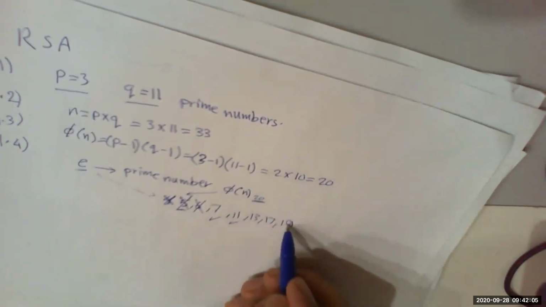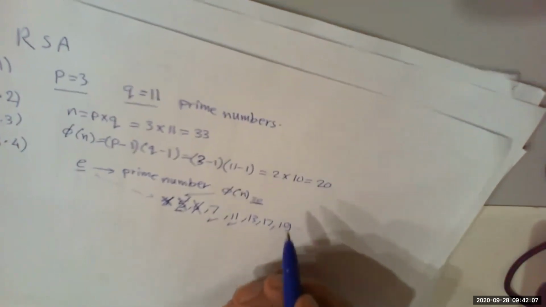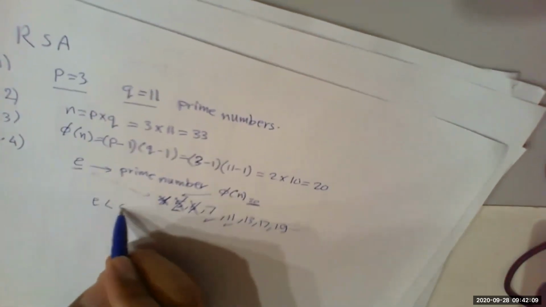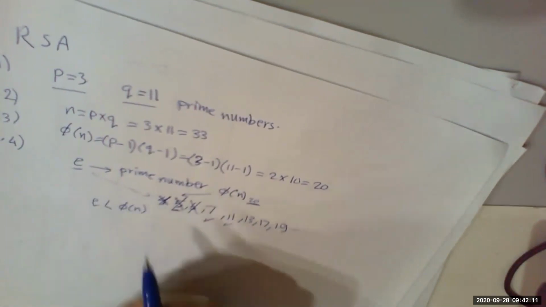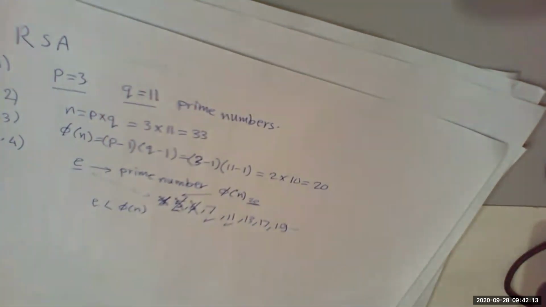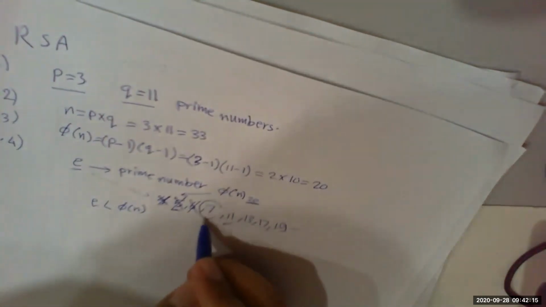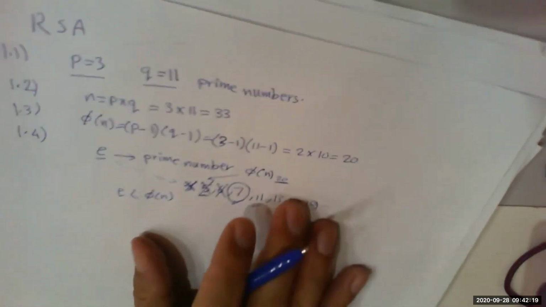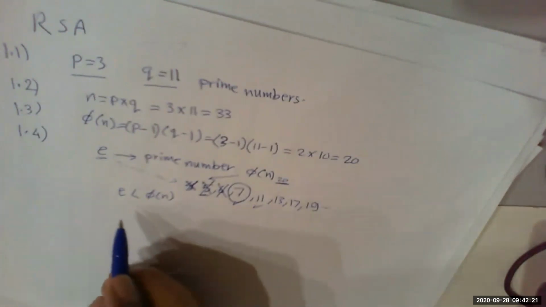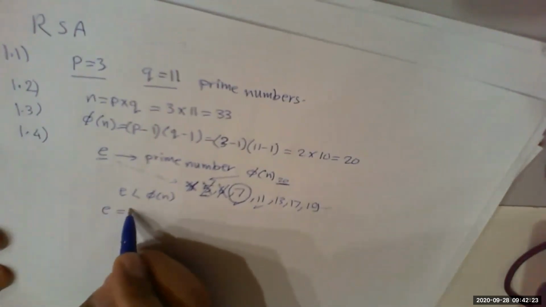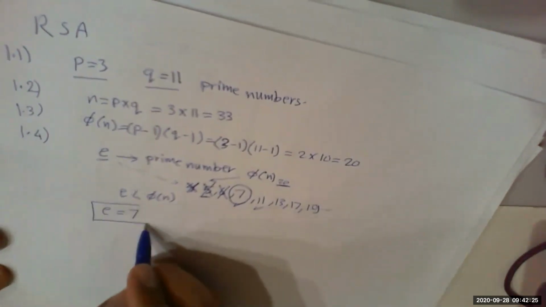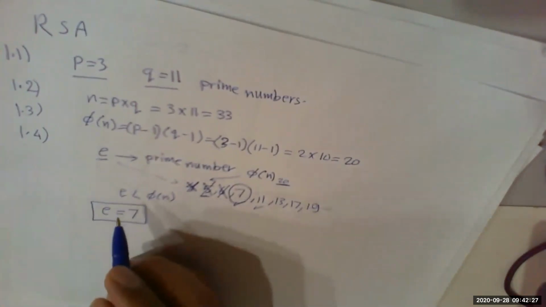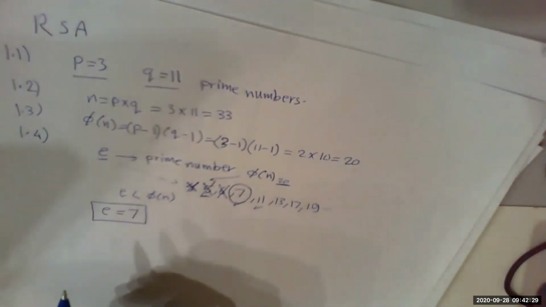We cannot get a number more than 20, so E should be less than phi of n. Okay? We select the simplest one to simplify calculations. So we now have E. E equals 7.